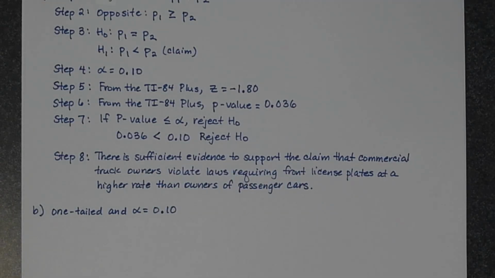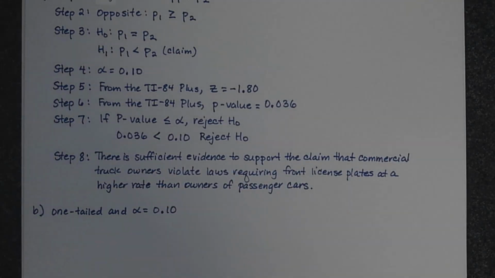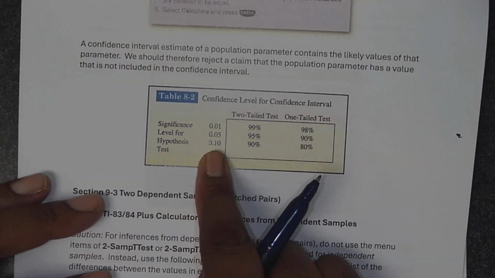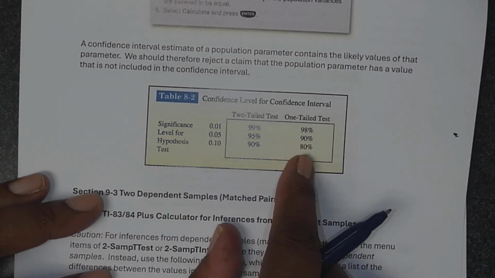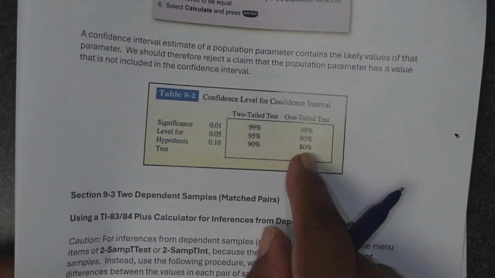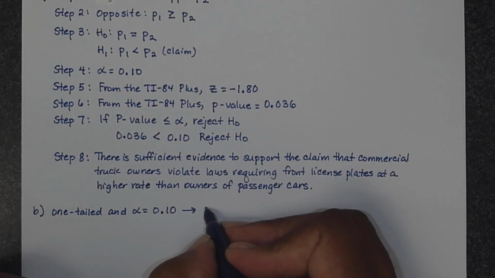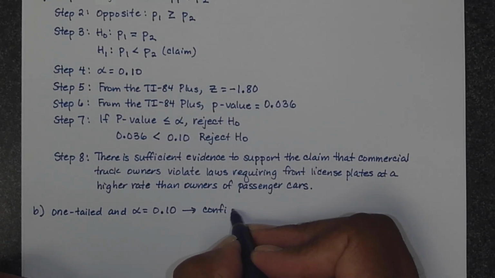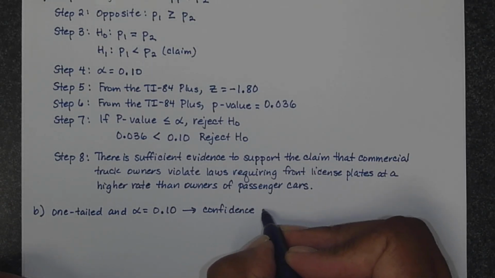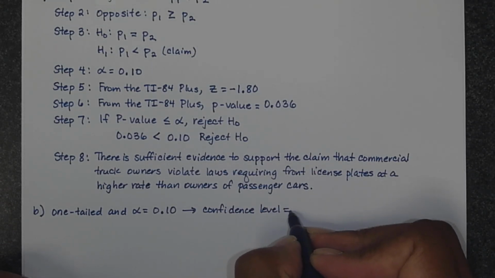And from this chart that will be provided for you, 0.10, one-tail test means that your confidence level is 80%. Okay? So this means our confidence level equals 80%.